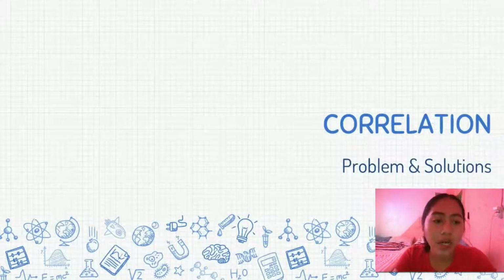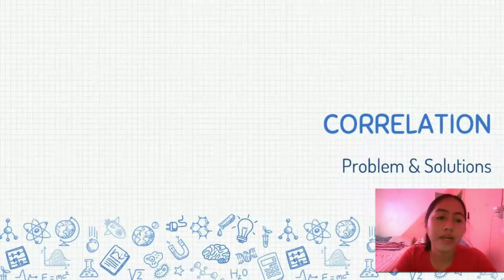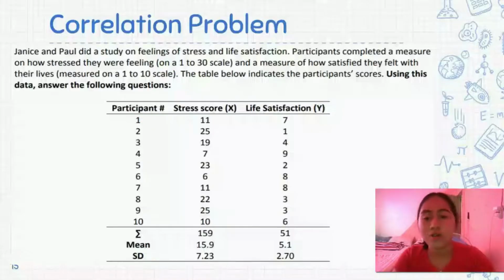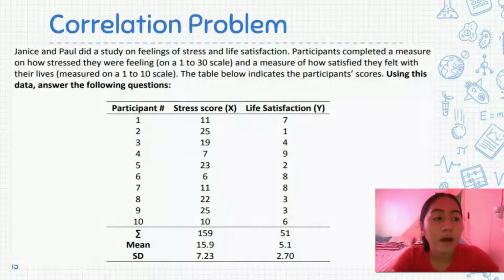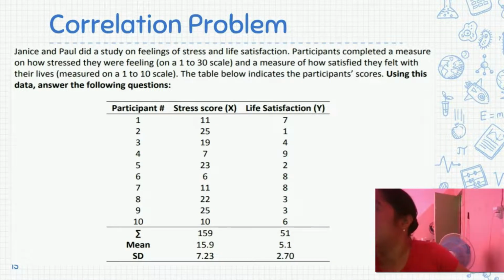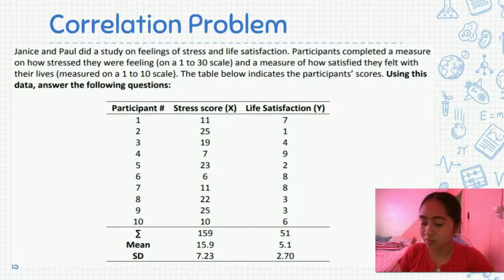Next, we are going to proceed to the correlation problem and solution. So this is my problem. Janice and Paul had a study on feelings of stress and life satisfaction.